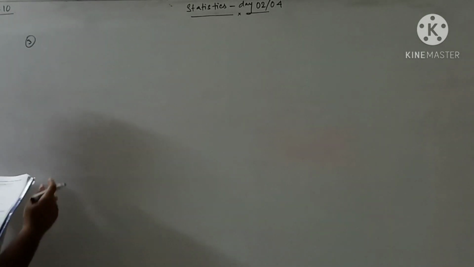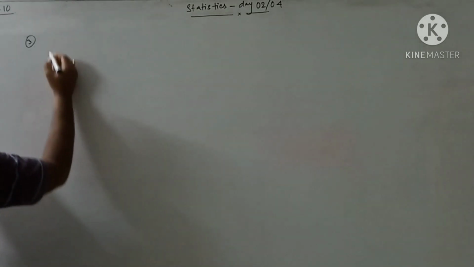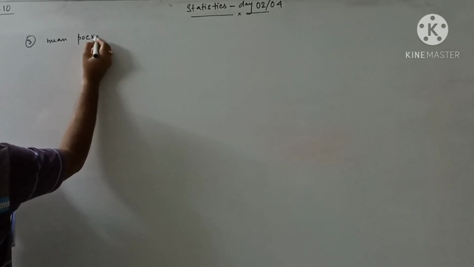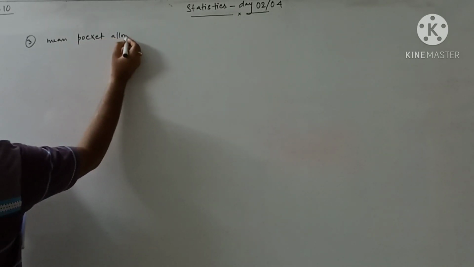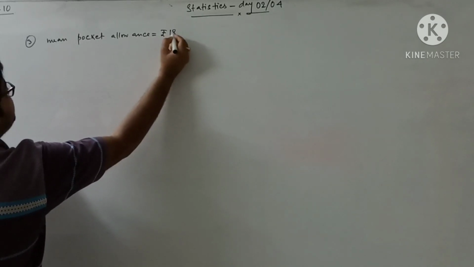What is given? The mean pocket allowance is given. Just to write it first: mean pocket allowance is rupees 80.